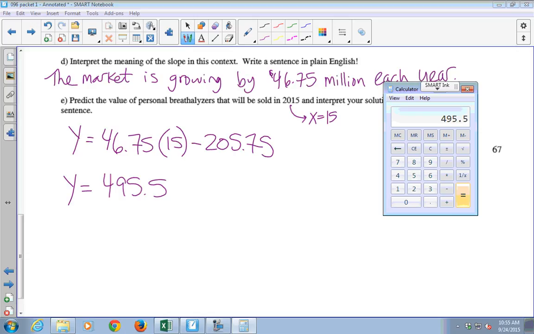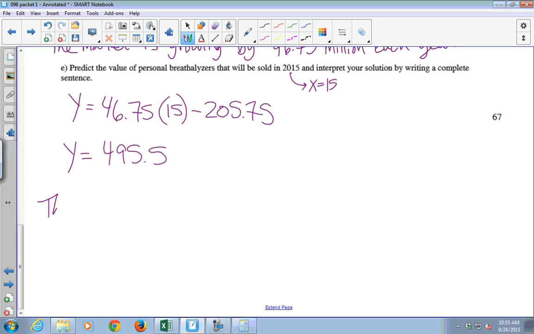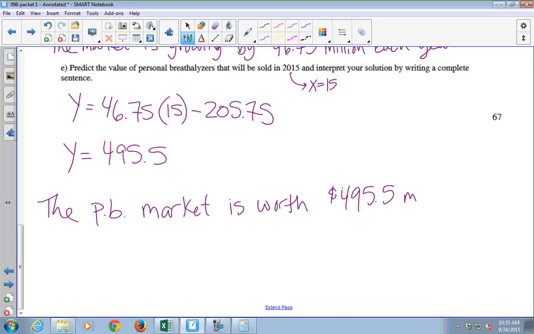And what does that number mean? Millions of dollars in 2015. Yeah. So if I want to write a complete sentence, I would say the personal breathalyzer market, which I abbreviated to PB because I got tired of writing it, the personal breathalyzer market is worth $495.5 million in 2015.